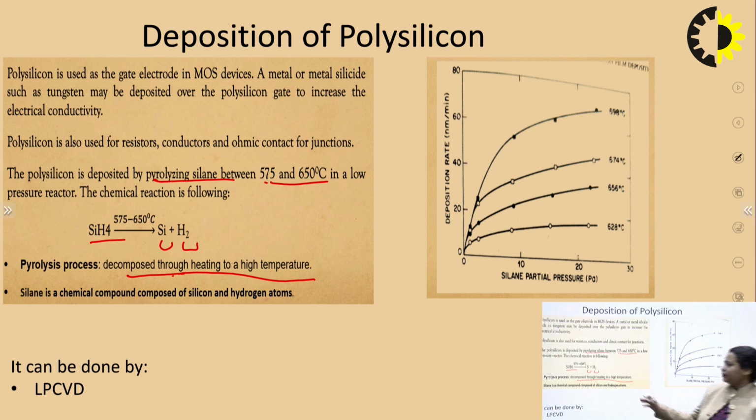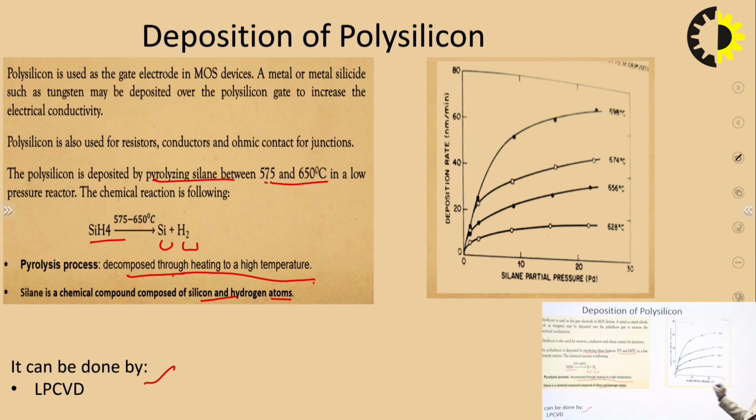And silane, we all know that it is a chemical compound composed of silicon and hydrogen atoms, that is SiH4, right? So I have written it can be done using basically LPCVD. So this is the graph which I have shown.